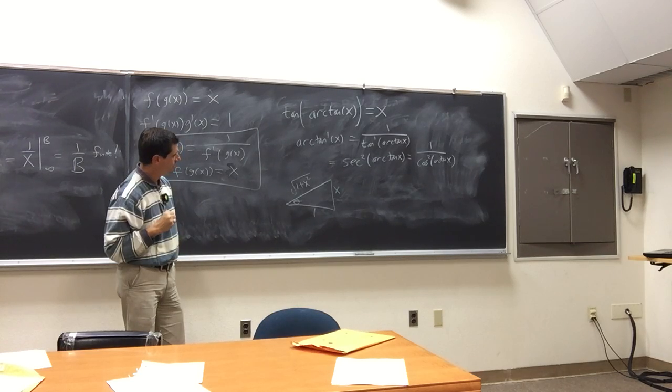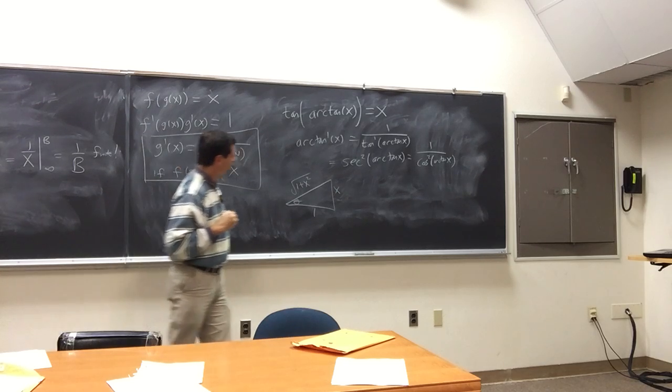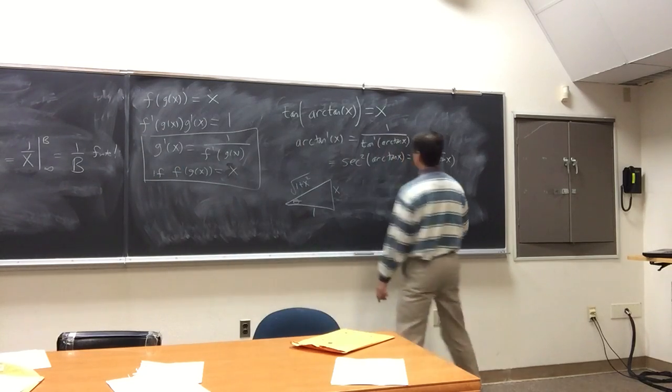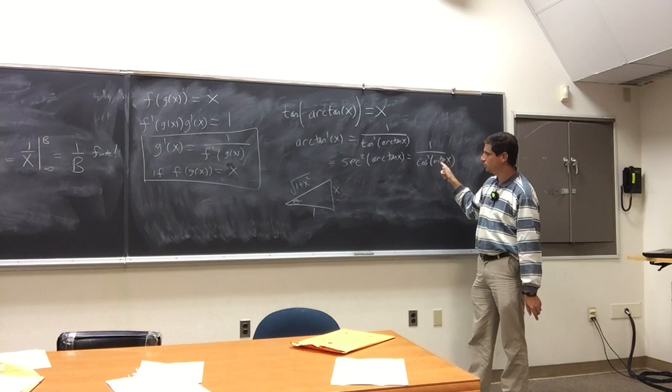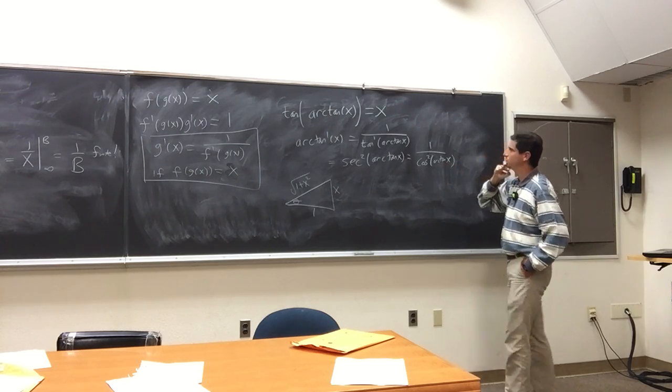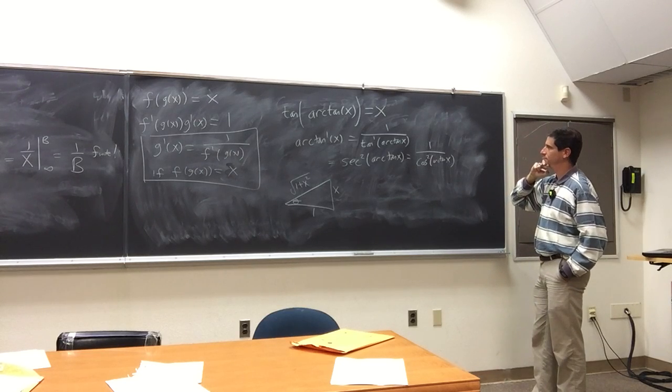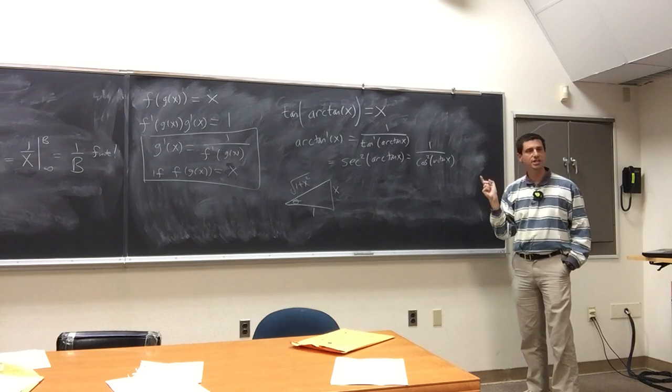So I want to make sure I'm doing things correctly. Okay, so now cosine squared is... The derivative of tangent is secant squared, right?